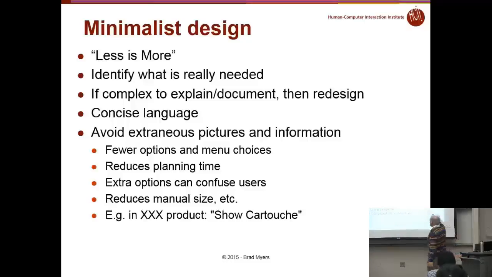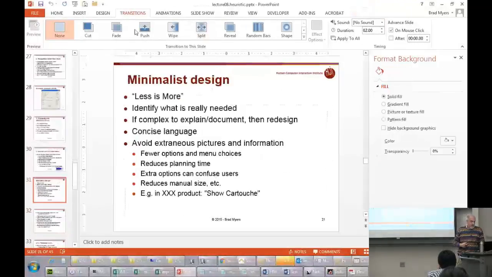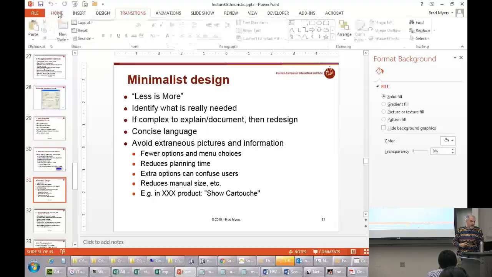In general, you want to have fewer options in menu choices. It's kind of contrary to the Windows and Macintosh design, where there's more and more ways of doing any single operation. So as we saw in PowerPoint, there are probably 3 or 4 different ways to invoke every operation, right? You can click on a menu somewhere up here, so copy and paste and so forth.